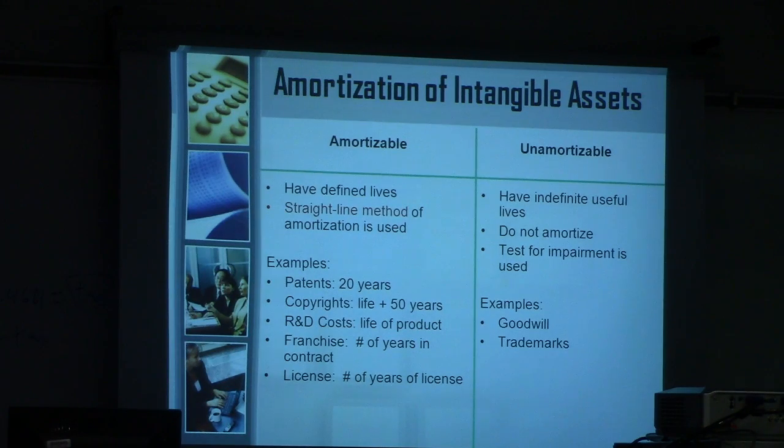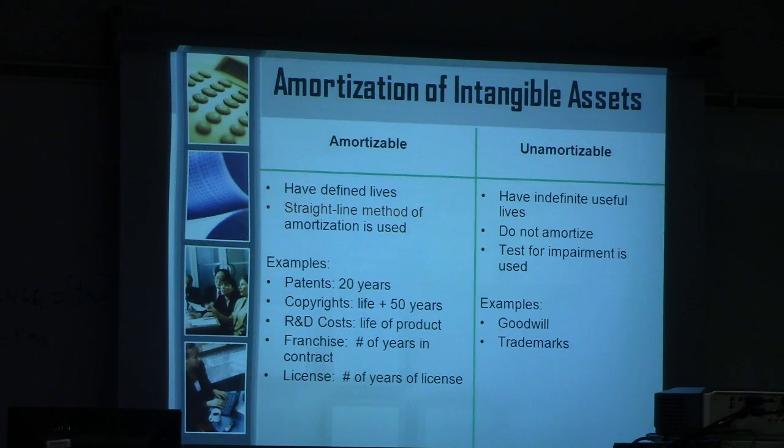R&D costs, research and development costs: you can produce a new product, innovate a product, and spend lots of money on researching and developing that product. So what will happen is you will then have to come up with the life of that product, and you will amortize R&D based on the life of that product.